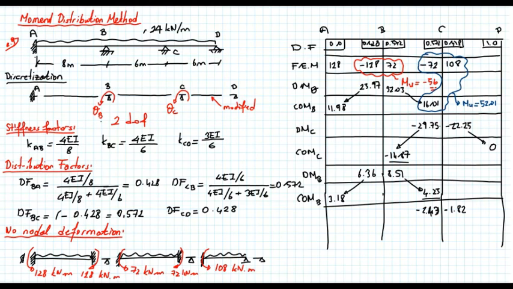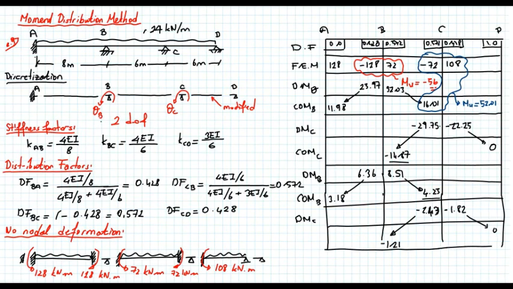This is the distributed moment C. Half will go to B, minus 1.21, and of course no carryover to D. So this is the carryover moment due to rotation at C. So if you continue like that for a couple of more cycles, you can obtain the final moments. The end moment, of course, there will be some unbalanced moment, but that would be a very small number.